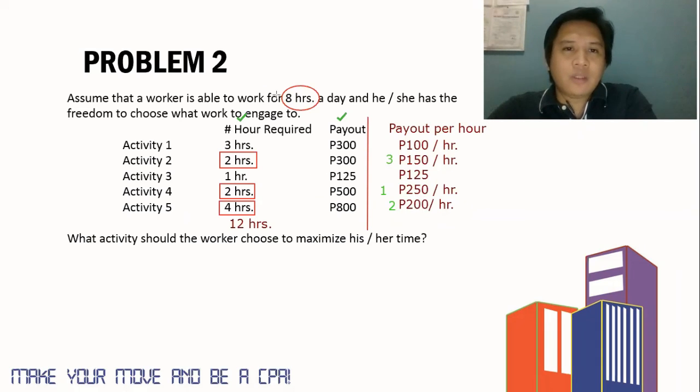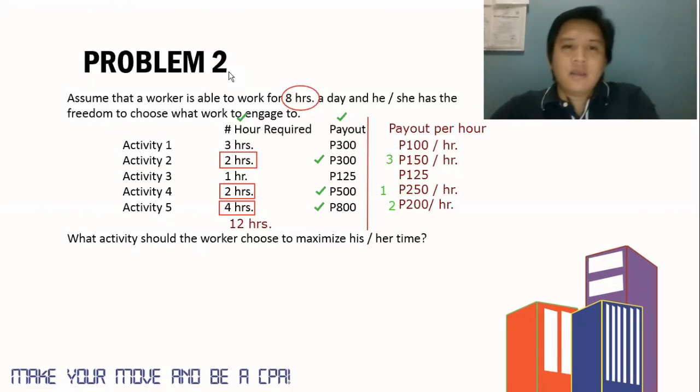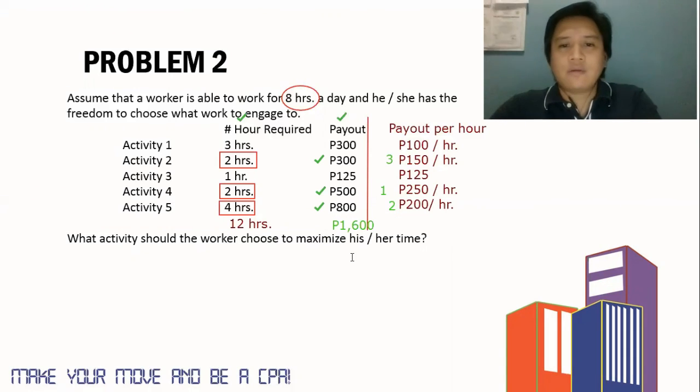So if we are going to choose that, we have 300, we have 500, and 800. For a total of 300 plus 500, 800 plus 800, total 1,600 per 8 hours a day, if you are going to choose the activity that will give you the highest return.